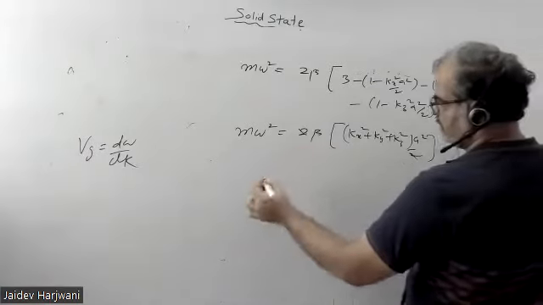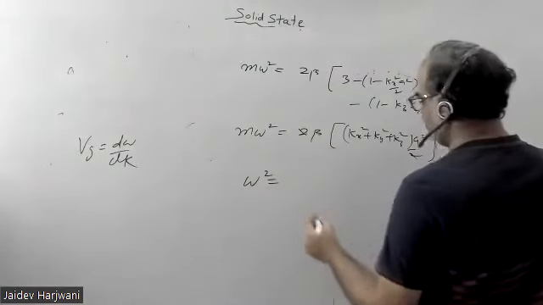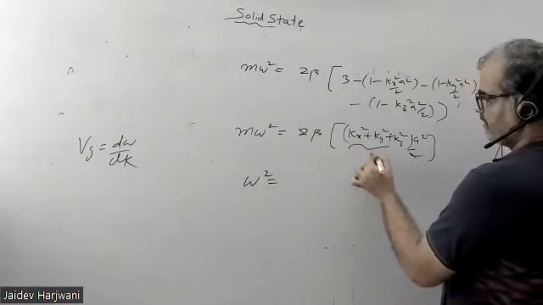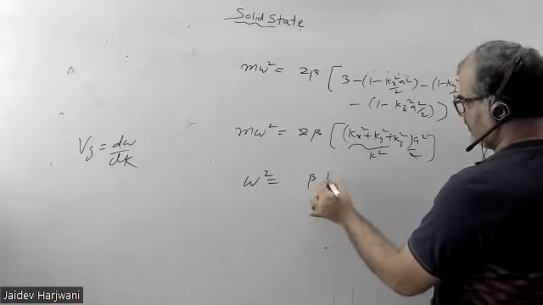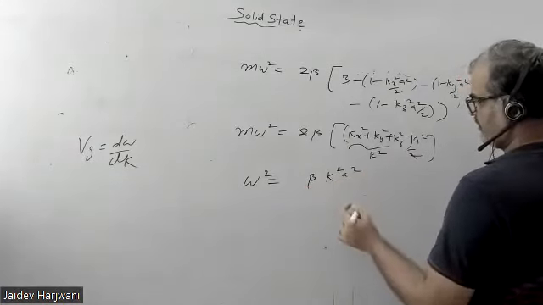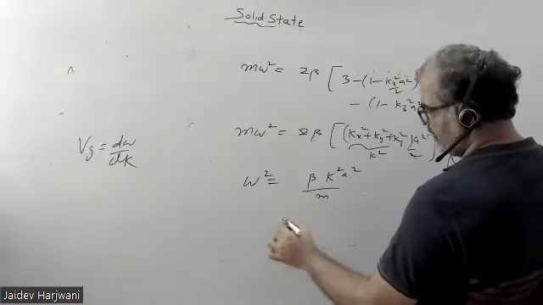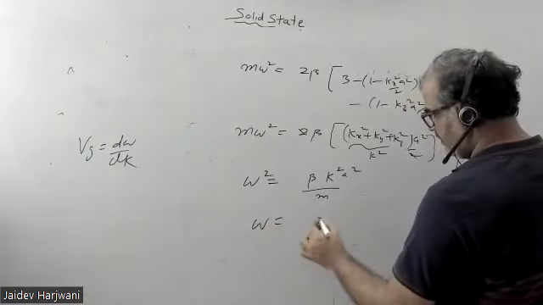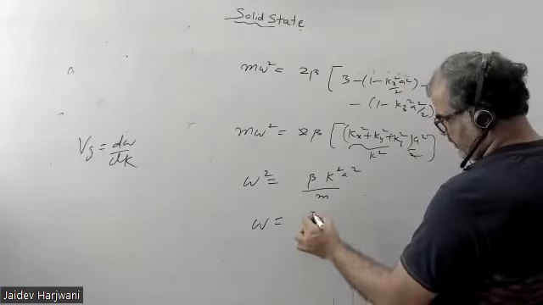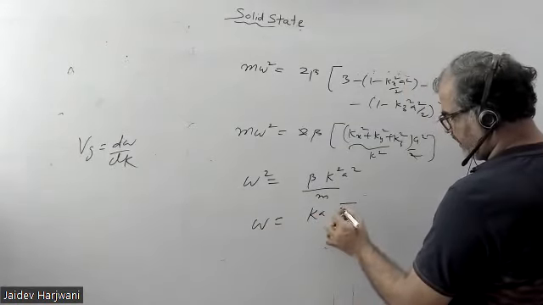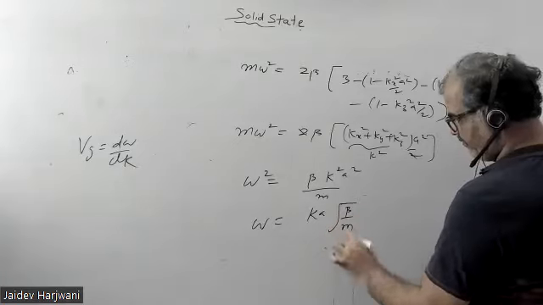The 2 cancels, this becomes k square, so omega square equals beta k square a square by m. So omega will simply be ka times under root beta upon m.